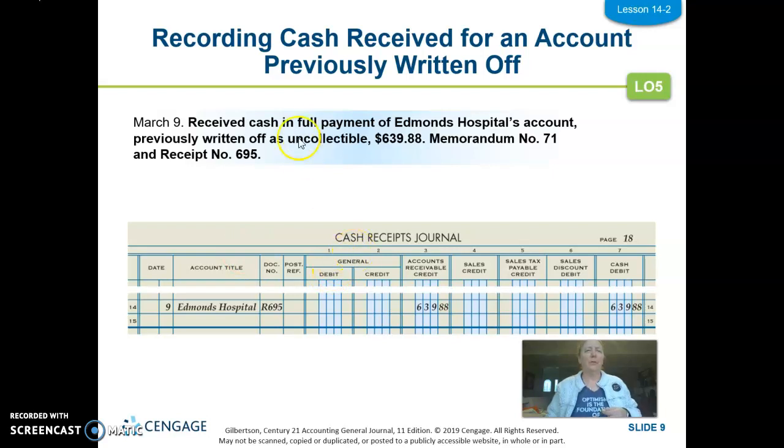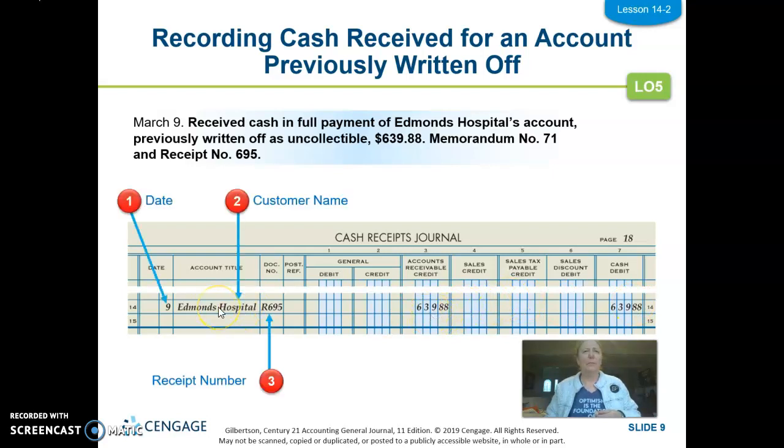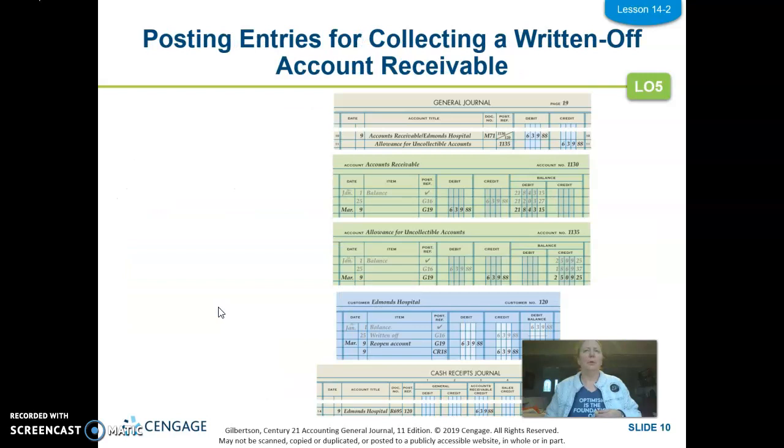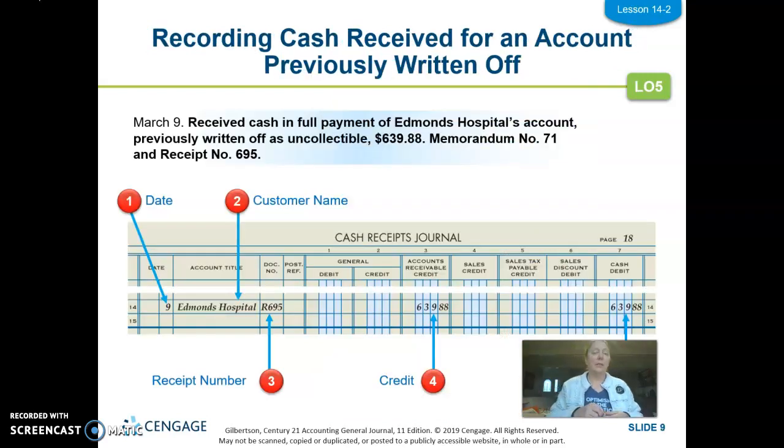So go to the cash receipts journal and debit cash for the amount we received, credit receivable with their name and the document number. So record the cash receipt just like normal. Initially we reverse and reinstate the receivable by debiting it, and then we collect the cash and credit receivable.